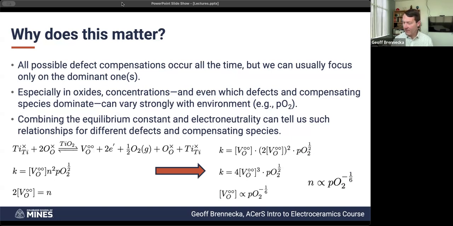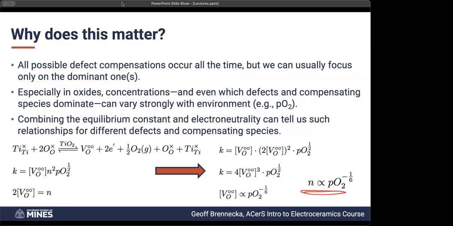This gives us a PO2 dependence, where the concentration of electronic carriers, the concentration of electrons, varies as PO2 to the -1/6 power. So if we increase the partial pressure of oxygen, we drop the number of electronic carriers as a power of 1/6.